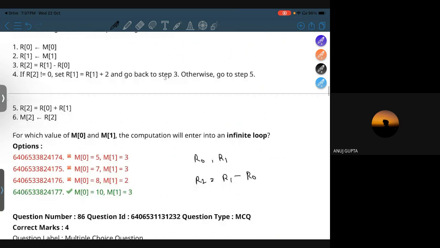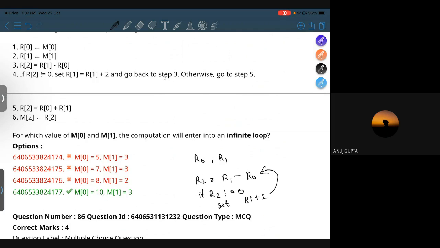Okay, it's the difference. So if r2 is not equal to 0, then set r1 plus 2 करना है and go back to step 3. ठीक है.